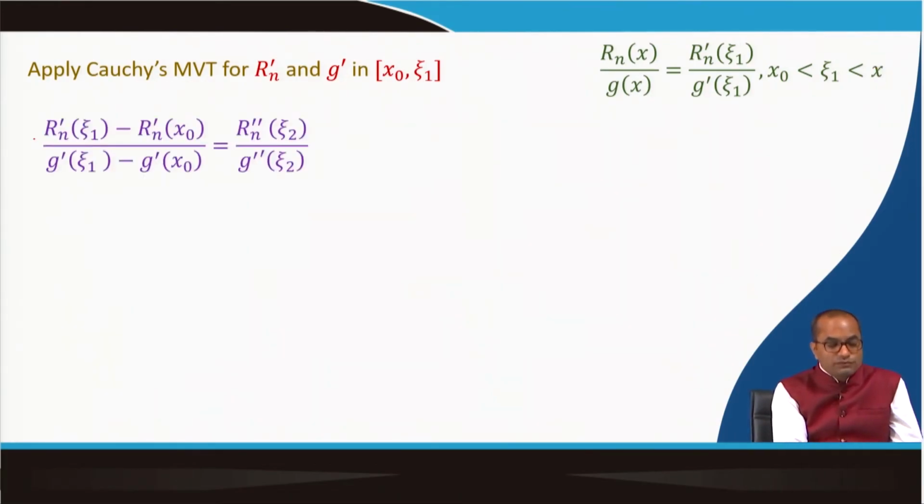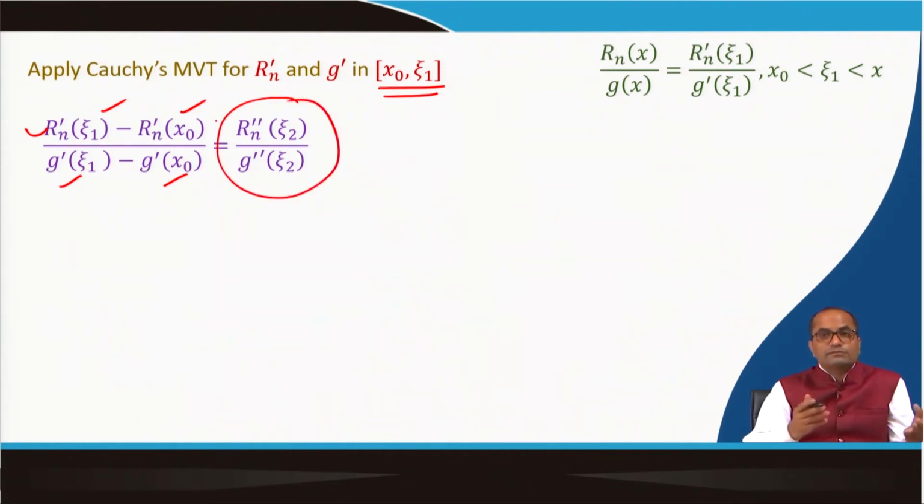So as a result, what we will see, in the interval x naught to xi 1, Rn prime at xi 1 minus Rn prime at x naught over g prime at xi 1 minus g prime at x naught, and the double derivative terms will come on the right hand side, because of the derivative of these derivatives.